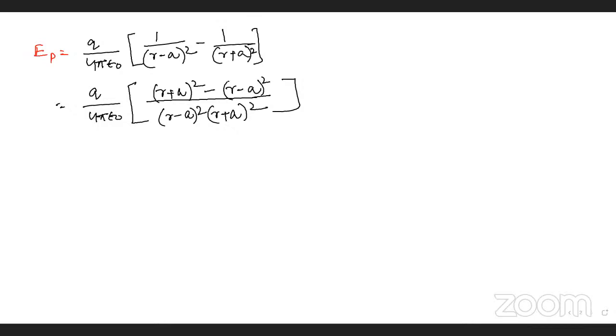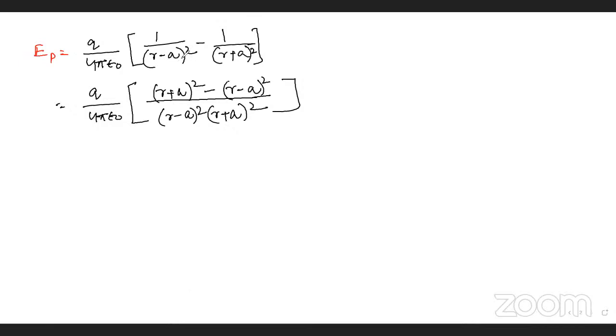We have just taken the LCM and multiplied. You can write it in your notebook.